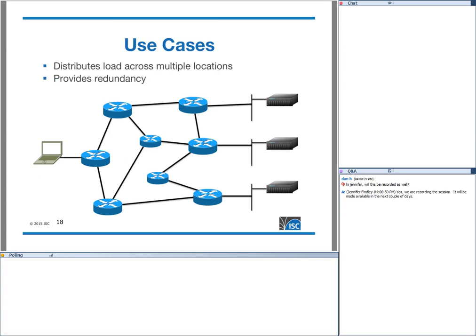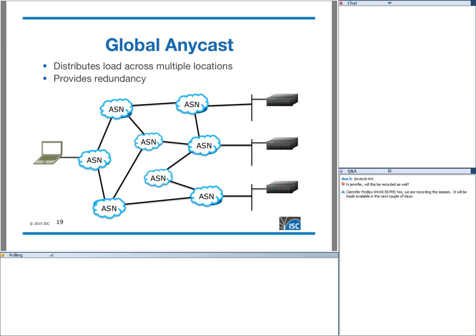Okay, so here is more of an example of a global Anycast type environment. You can see instead of routers, we're looking at it from the perspective of autonomous system numbers. And what an ASN is: when an organization wants to do global routing, they're essentially going to get an ASN from the local routing registry.